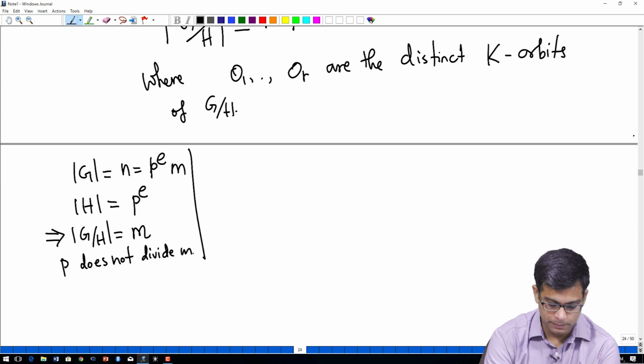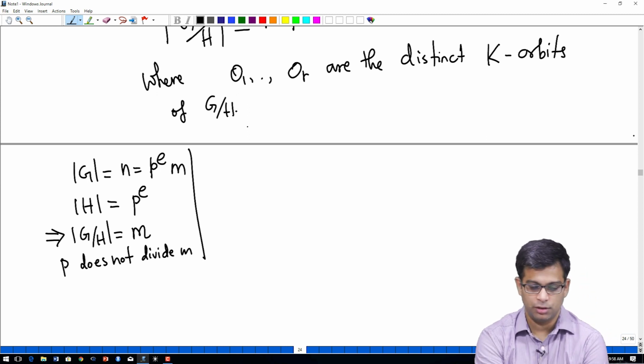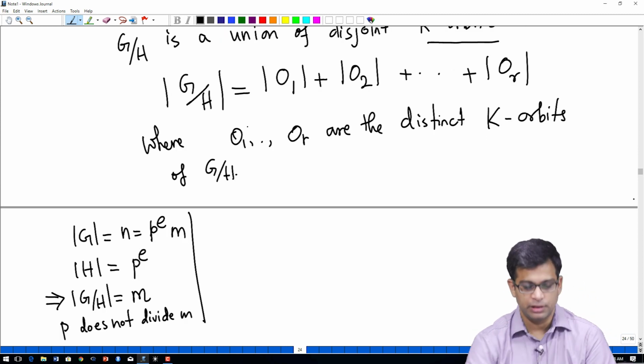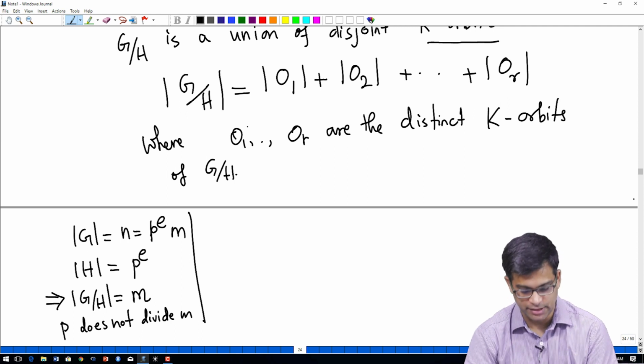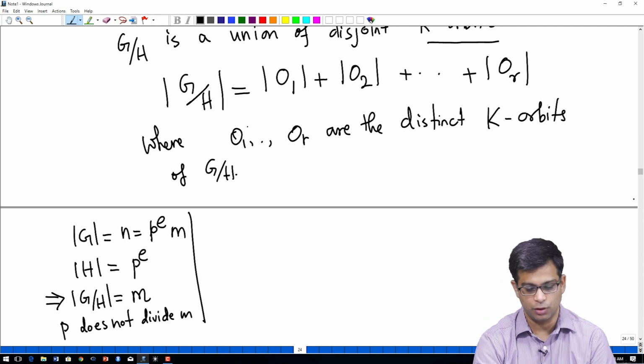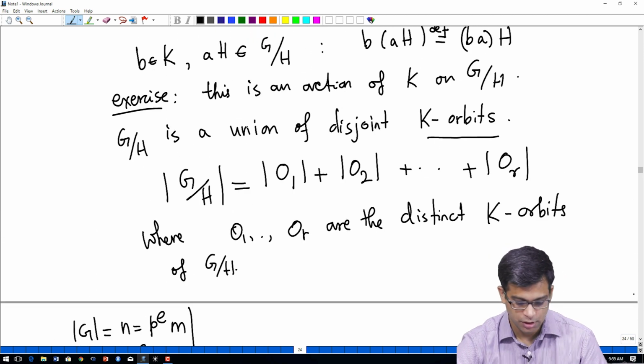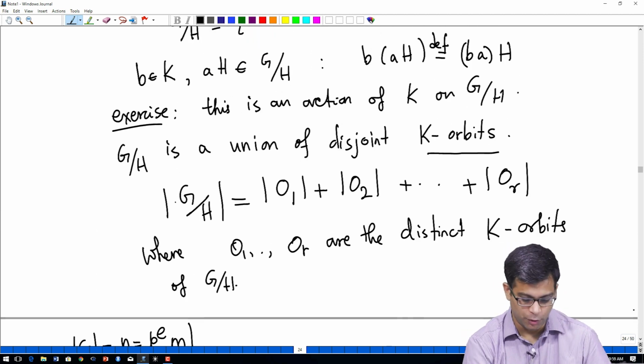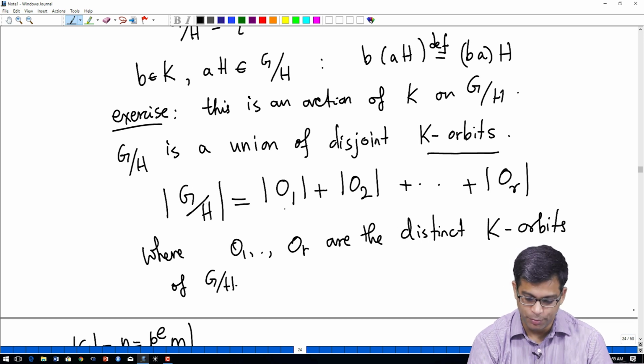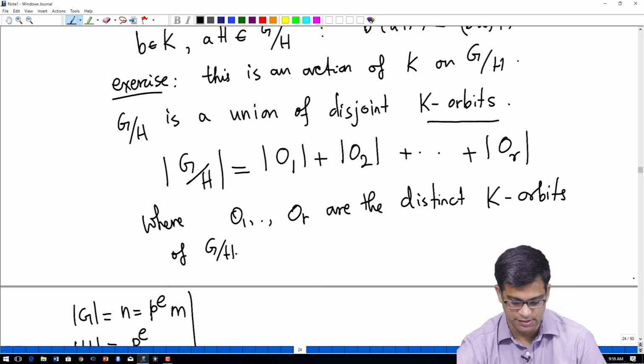Okay. So, if you look at this equation, this happened exactly like this in the first Sylow theorem. We have the order of G mod H as a sum of some numbers, and P does not divide the order of G mod H. So, P cannot divide all of the orbit sizes.